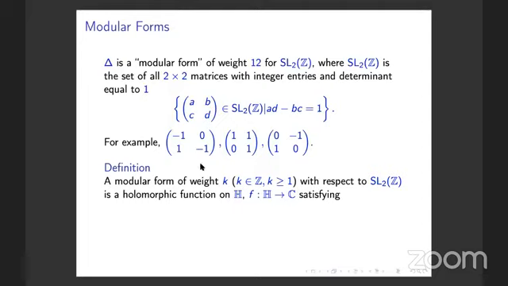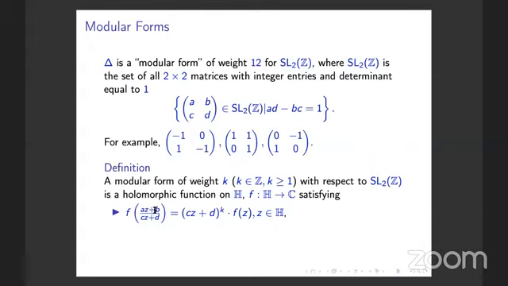A modular form of weight k, where k is an integer greater than or equal to 1, with respect to SL2Z, is nothing but a complex valued holomorphic function on the upper half plane H satisfying this property. I can take z, a point in the upper half plane, and A, B, C, D, an element in SL2Z.